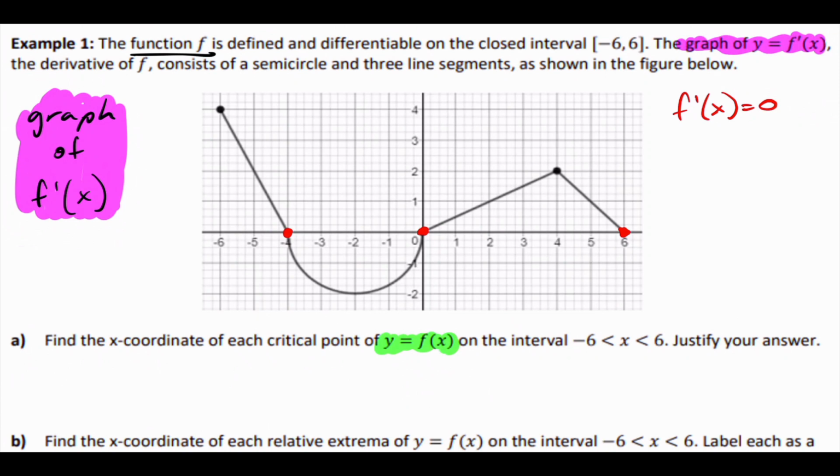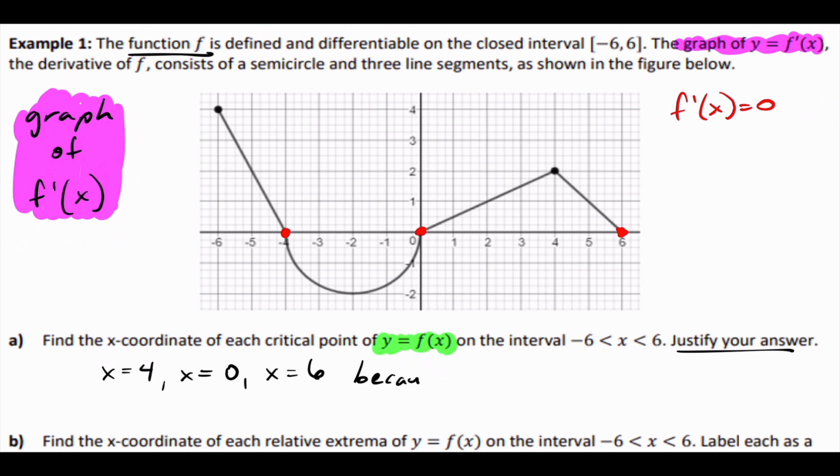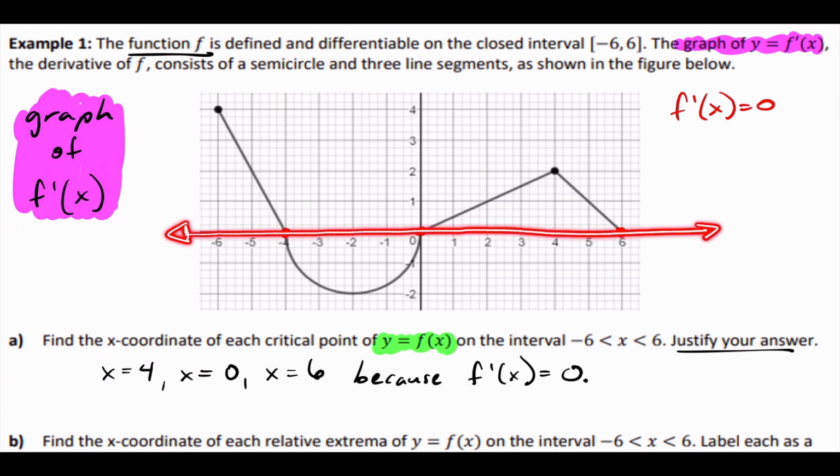So we would say x equals -4, x equals 0, x equals 6. And then they're going to say justify your answer. Justify your answer means how do you know you're right? Because f prime of x equals 0. That's where this graph equals 0. This graph equals 0 everywhere along this line. When you say where does a graph equal 0? Everywhere along this line.